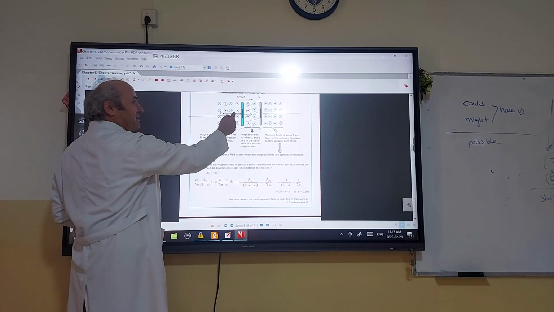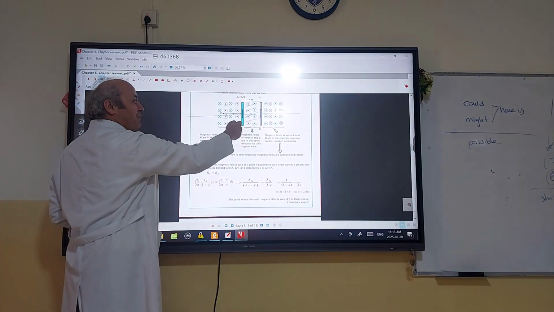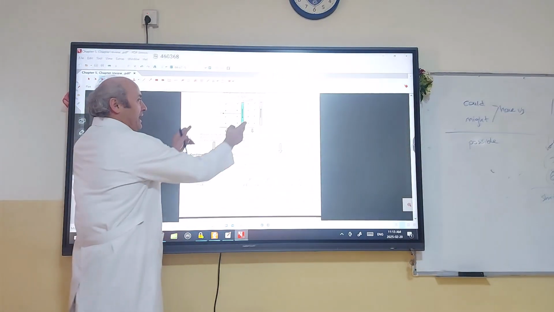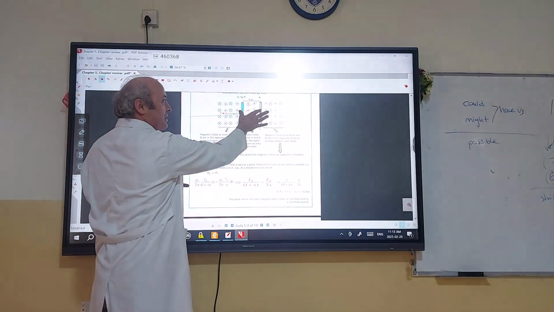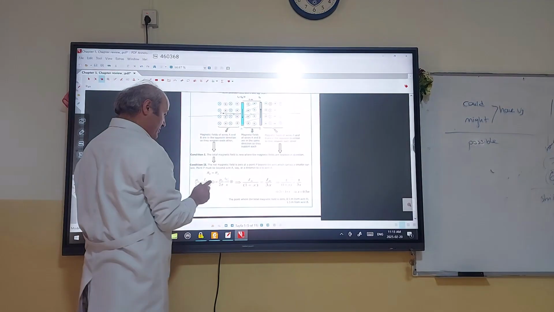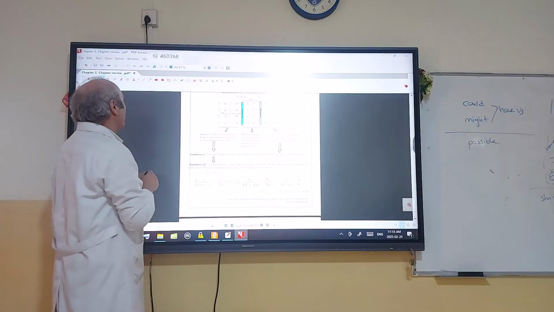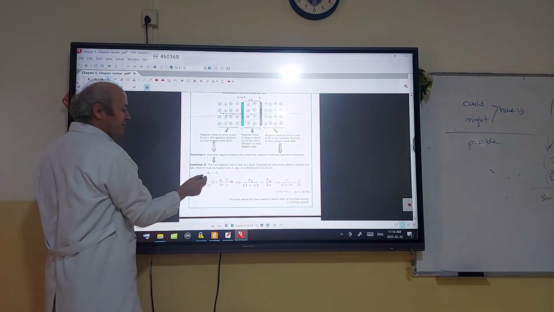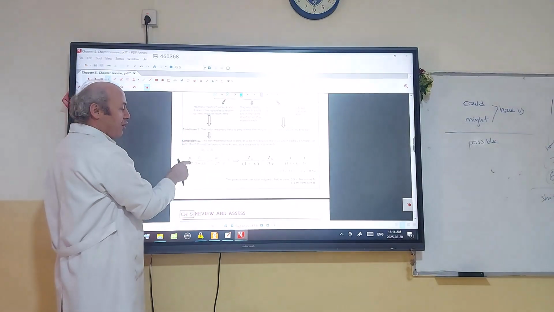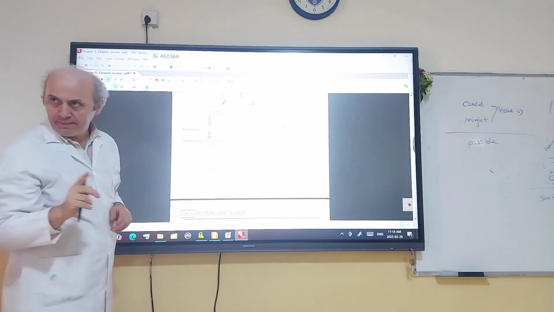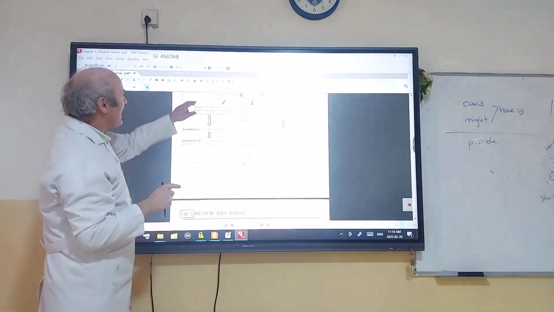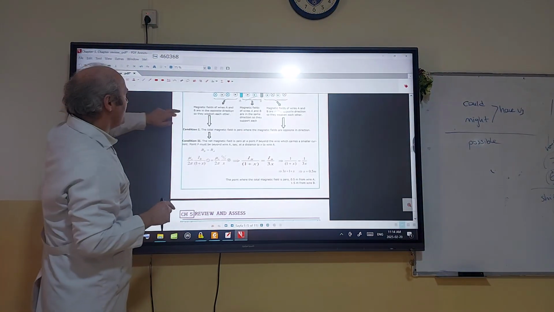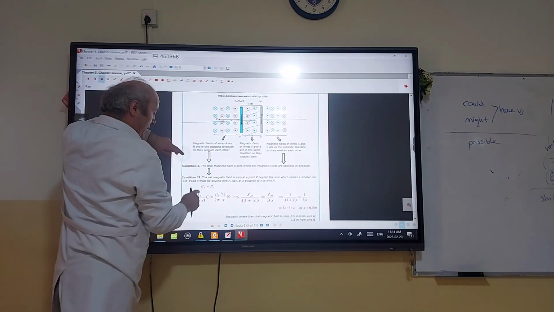This point is at a distance of x from wire A, and at a distance of 1 plus x from wire B, because this distance is given in the question as 1 meter. So the magnetic field of wire B is going to be mu over 2 pi, because it's a straight wire, I over d. What is I for wire B? I am going to say IB.